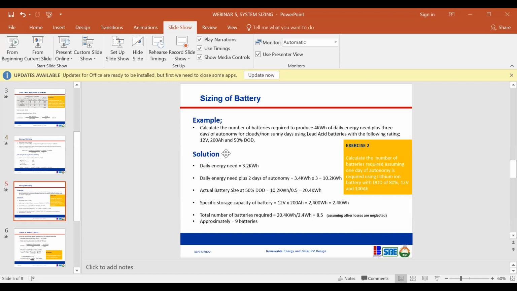So let's take an example. Calculate the number of batteries required to produce 4 kilowatt hour of daily energy need plus 3 days of autonomy. I think I changed this to 2 days, sorry.